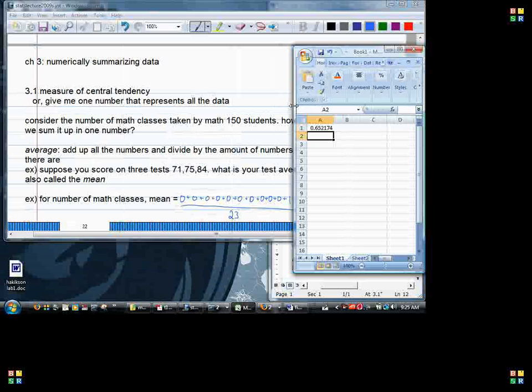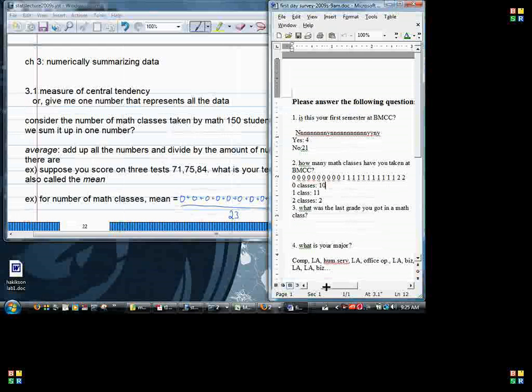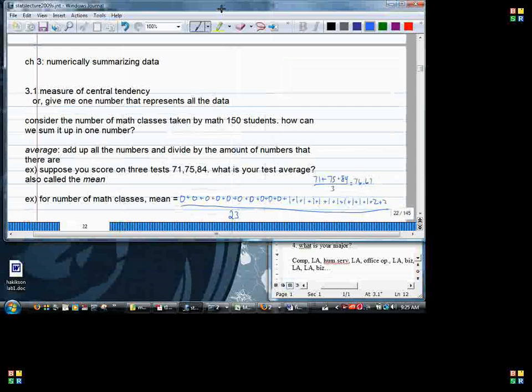I'll just take that to 2 decimal places, so you get 0.65. Okay. So there you go. So the average number of math classes taken by you guys before this class is 0.65.